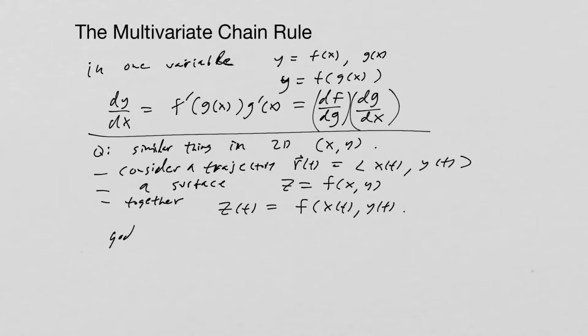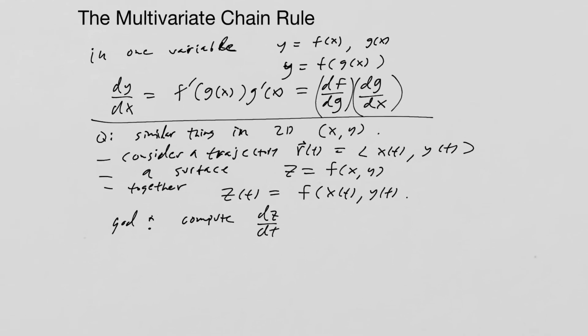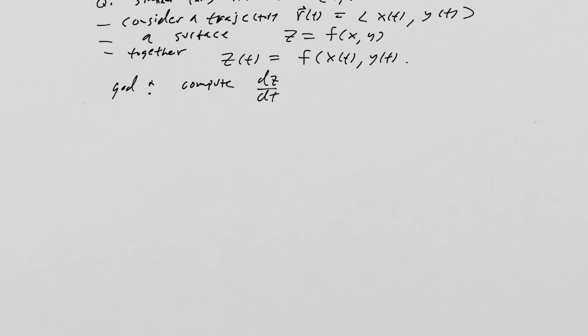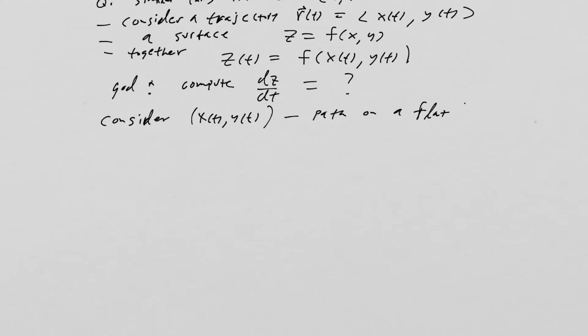And the goal is to compute dz/dt. It's probably good to get a picture of what we're talking about here and why this is important. So we want to know how to compute that, but let's try to figure out this thing. All right, consider x of t and y of t as essentially a path on a flat map.